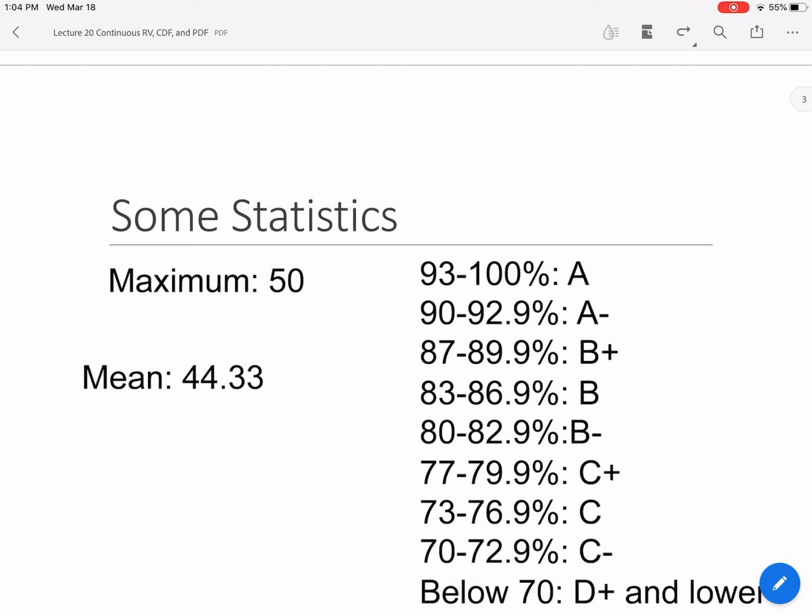Now, here's what I would like for you guys to do. Try to guess the distribution of marks for the class based on just these statistics, the maximum and the mean. Are you able to do it? You can pause your video here to take some time to think about it. Okay, now I hope you had some chance to think about it.